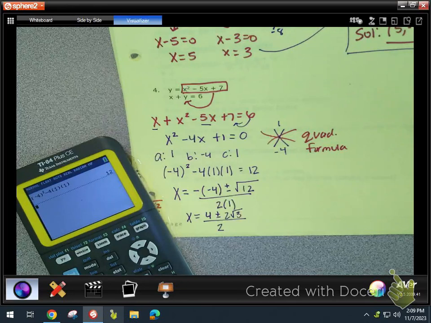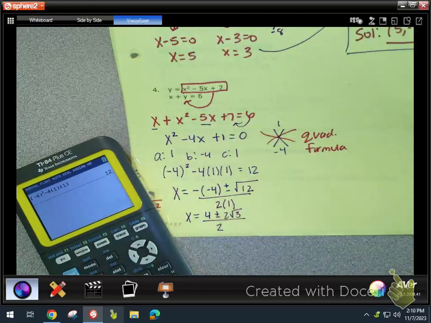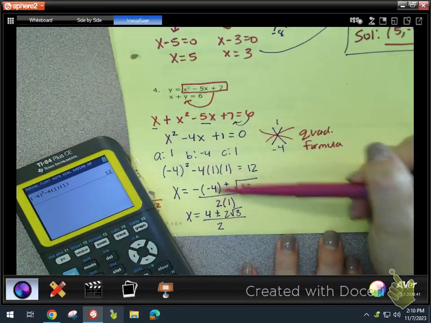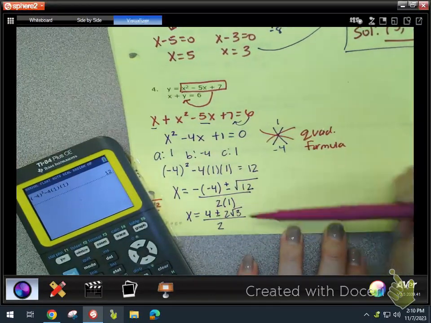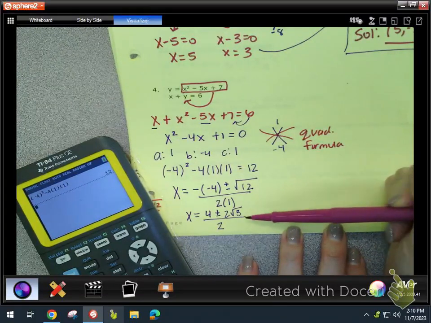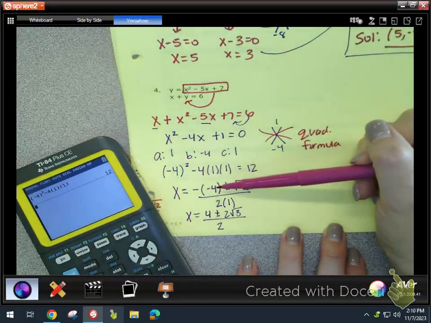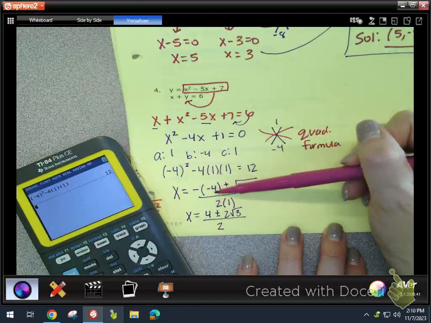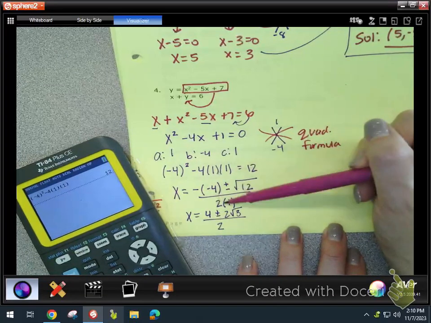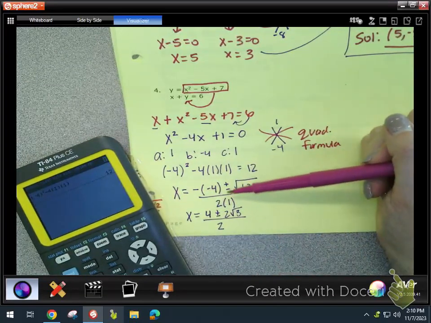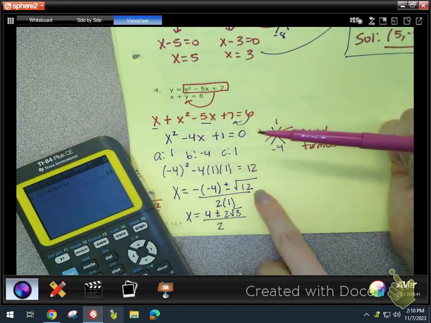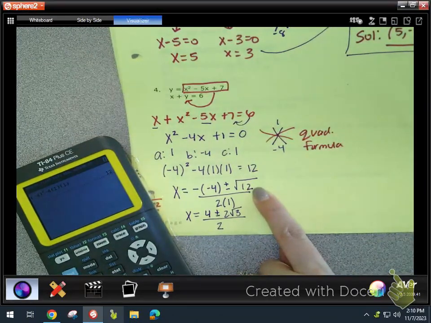Oh, okay. Need to discuss this because this happened on the CFU. You guys, listen to me. I want you to look at what I'm saying. You cannot simplify anything until you simplify that radical. Yes, I understand there will be a 4 and a 2 here, and those will simplify, but it is illegal to simplify that until you simplify the radical.